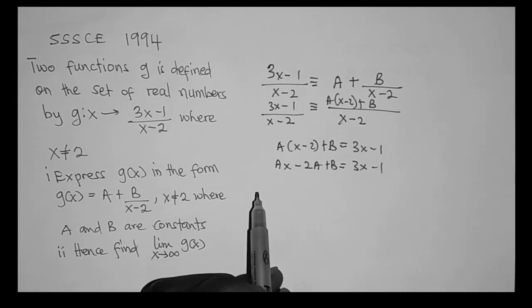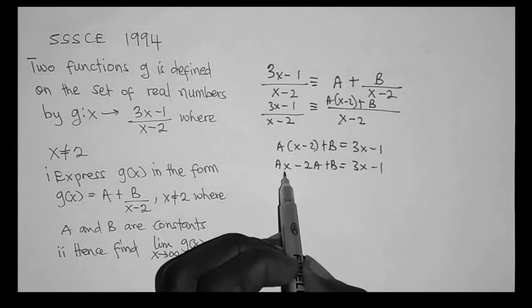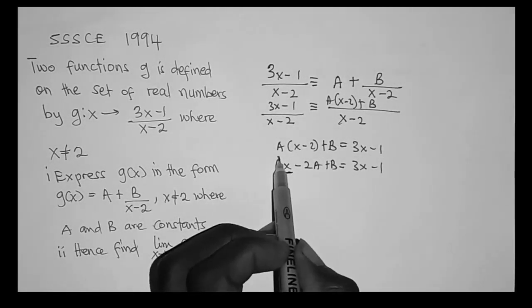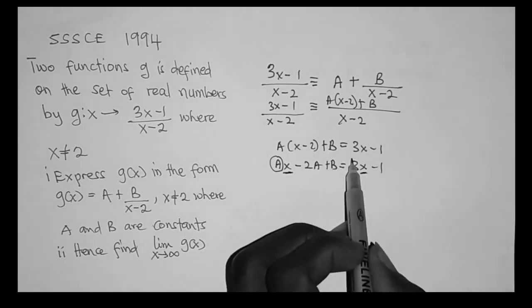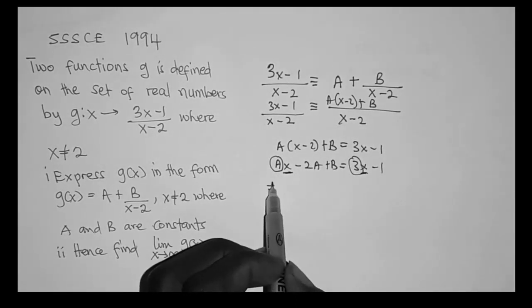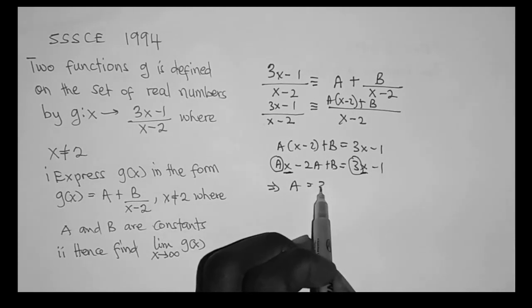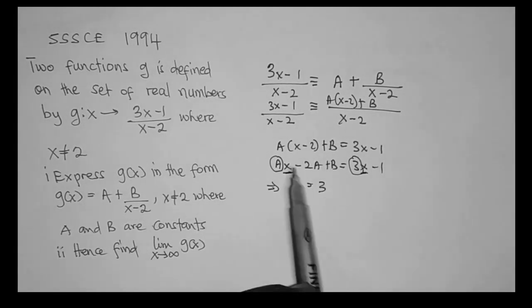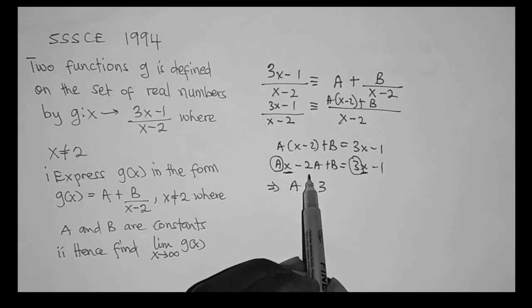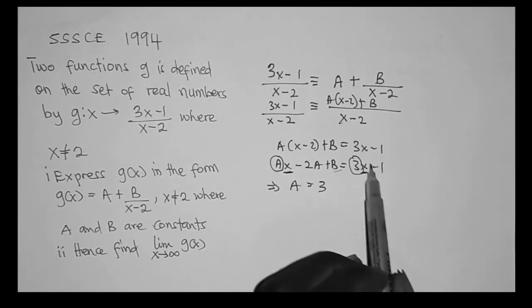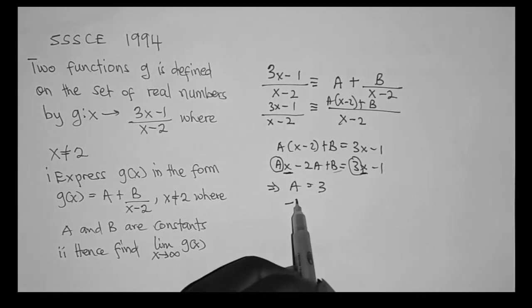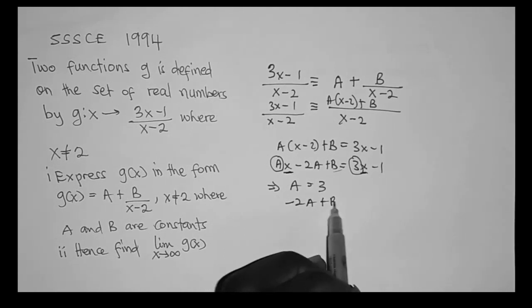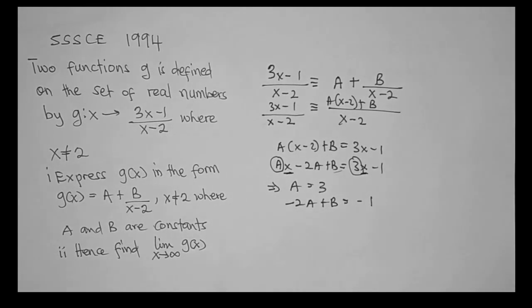So we can then group like terms. You see that the coefficient of x here is a and the coefficient of x here is 3. So this implies that a is equal to 3. Now, having found the value of a, you see that this has got no x, this one too. So minus 2a plus b is equal to minus 1.